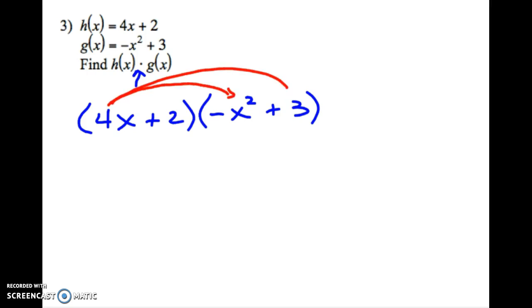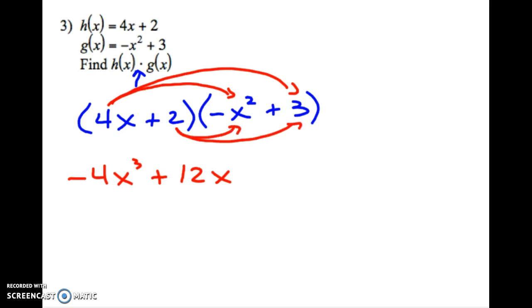So it means the first term gets multiplied by both parts. So the 4x times the minus x squared should give us negative 4x cubed. The 4x times the 3 should be 12x. Two times the negative x squared should give us negative 2x squared. 2 times the 3 should give us 6.